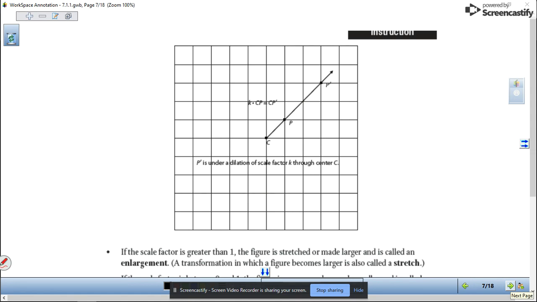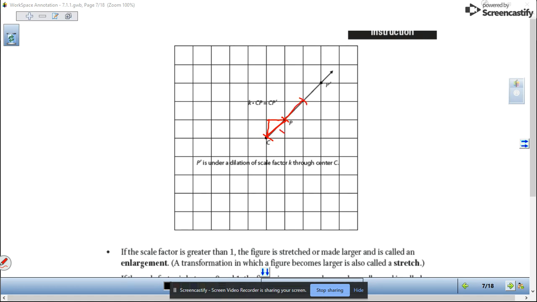Okay? All right. So here's an example of that. Here's the length of the original, right? And we're going to do a dilation with scale factor k through the center. So if you look, think about this as being 1. I know it's not exactly 1 because we did the distance formula, it's actually square root of 2, which is irrelevant, but you get the idea here.